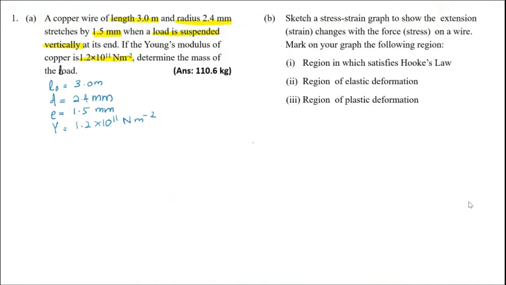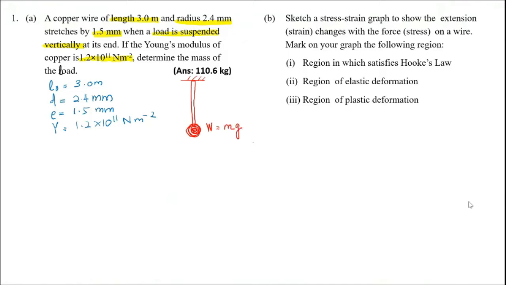If I sketch a case, let's say I have the copper wire that we tie vertically, and then at its end we have the load. This one will be the weight of the load, which is equal to mg.